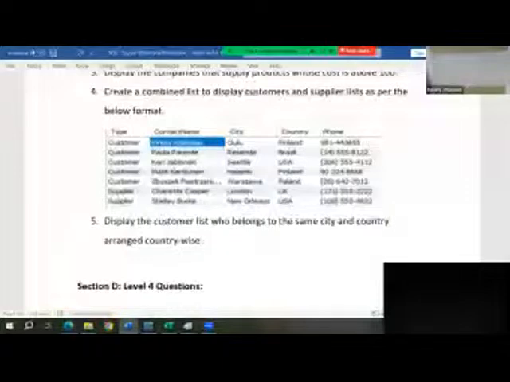But what is the type customer, type supplier? Note this one down. How do I get this information? This is all fine. Okay, let's do one by one. What is this information, the contact name: contact of the customer or contact of the supplier?